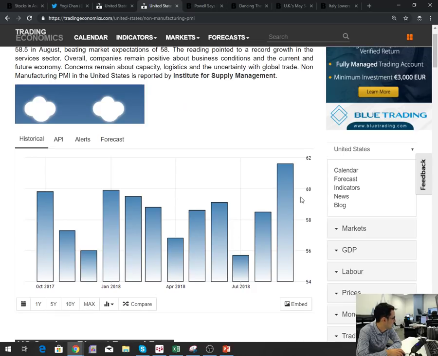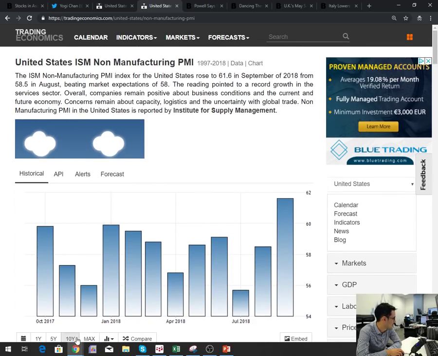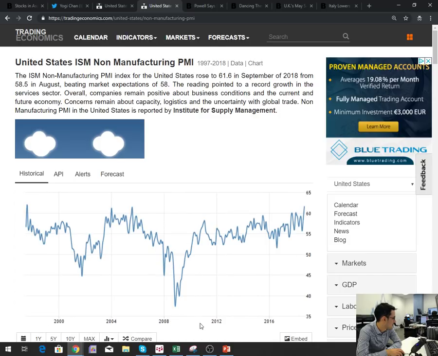And I've definitely never seen 61.6. Why? Because, look, you're getting up to territory where these numbers have never happened before. This reading pointed to a record growth in the service sector. So the US economy, irrespective of the trade war tail risk, is on fire right now.